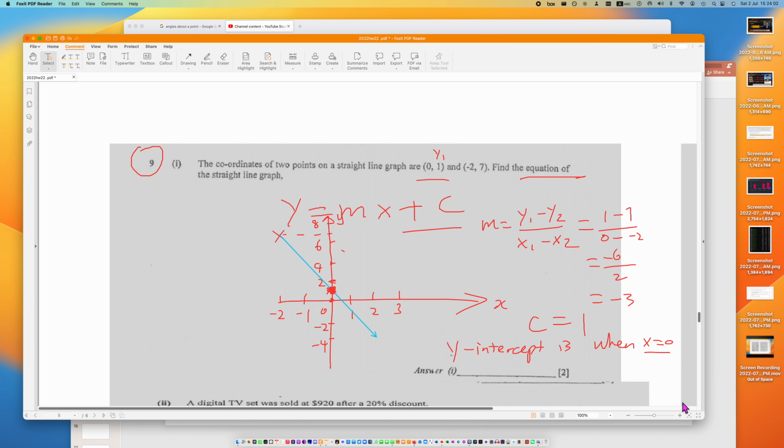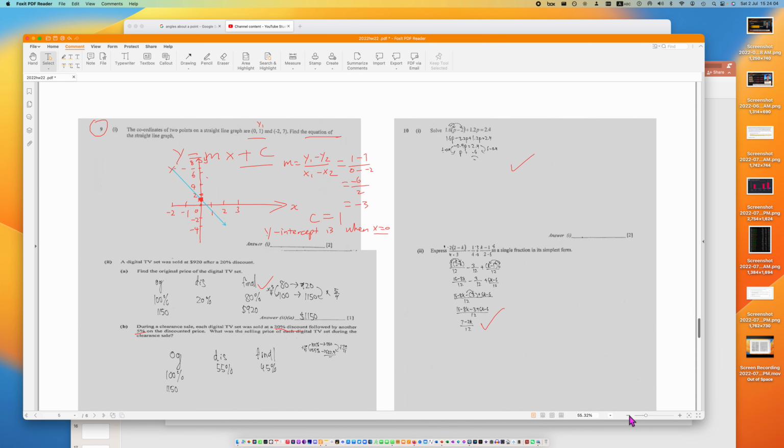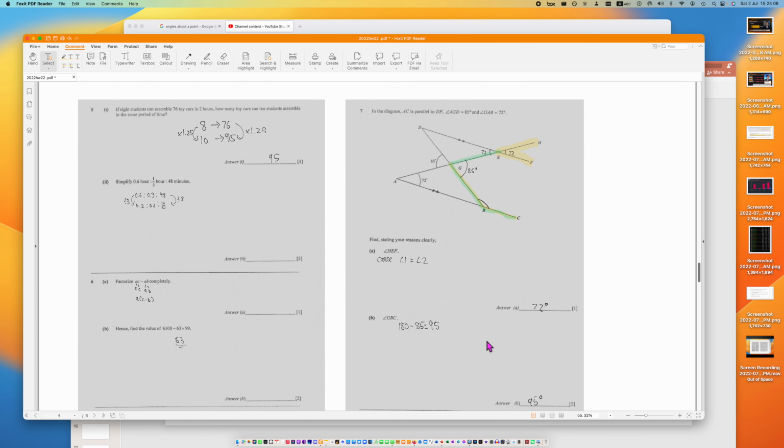Okay. Let's do some revision. HEF, now is that HEF? Okay, 72. What is the Sec 2 already? You are supposed to state the reasons. Can you say? State your reasons clearly.